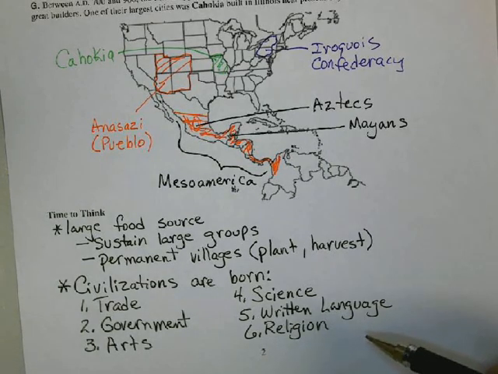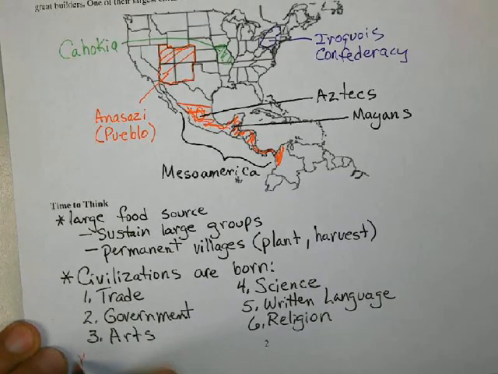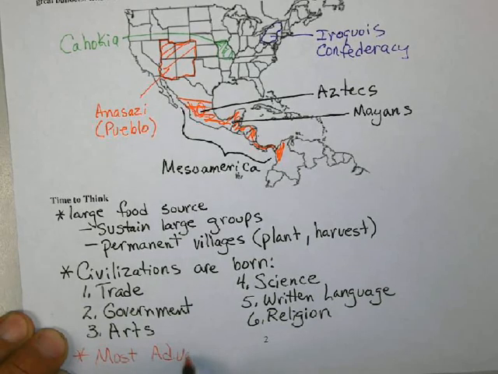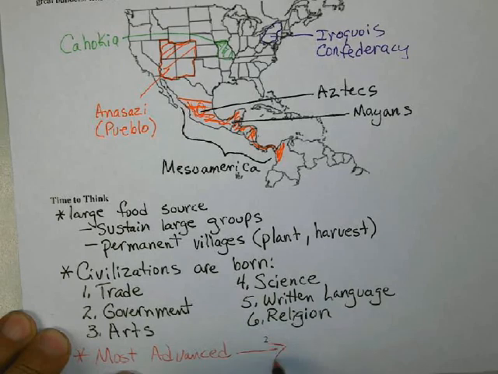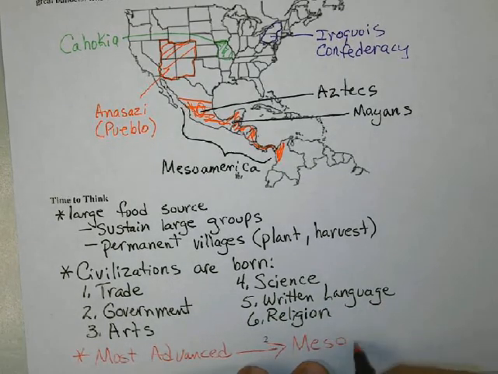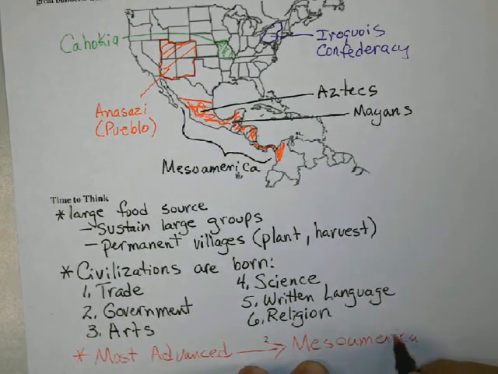Why doesn't somebody else do the work? I'm better than them. So these are going to be present. And the last item, as I mentioned earlier, the most advanced civilizations will be in Mesoamerica. In there, I didn't talk about the Toltecs, but they are also part of that.